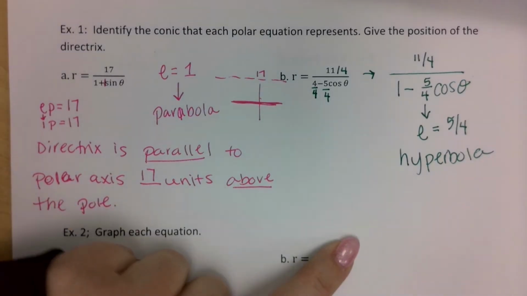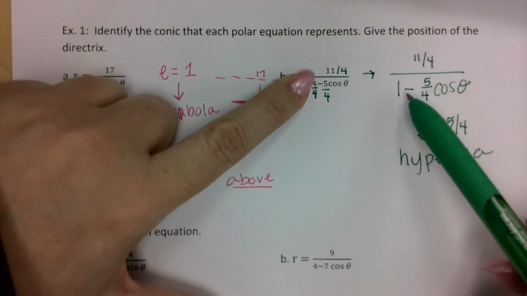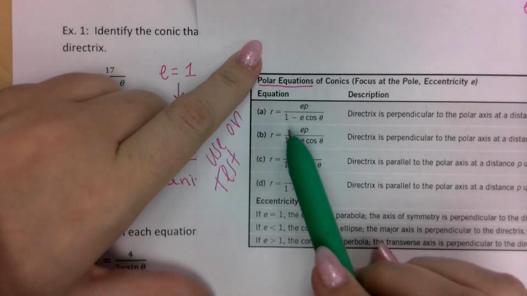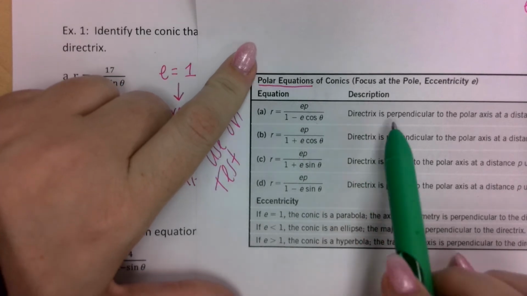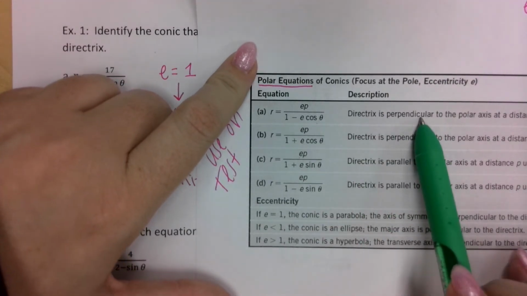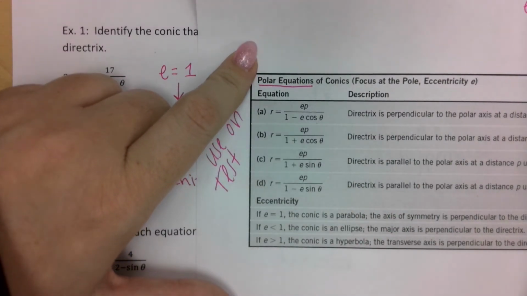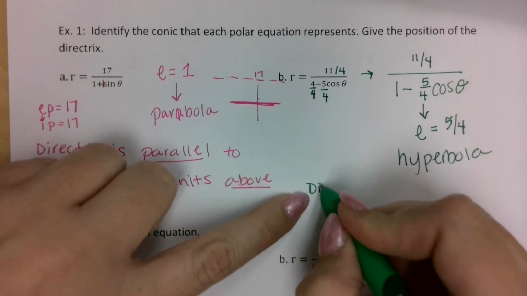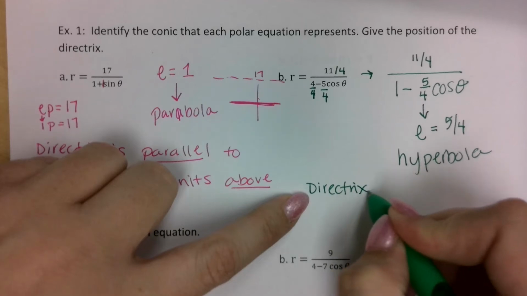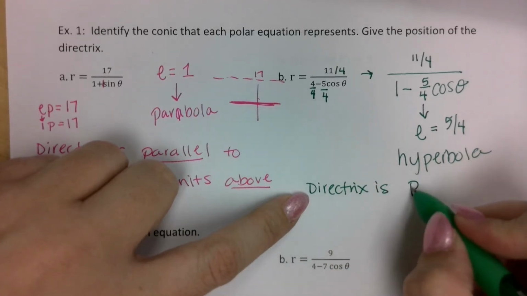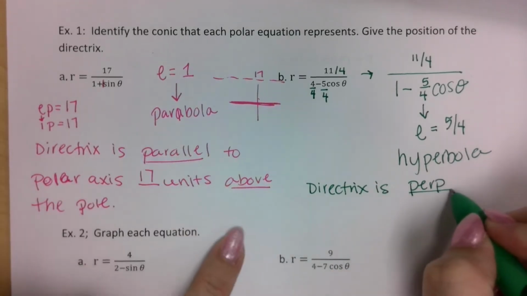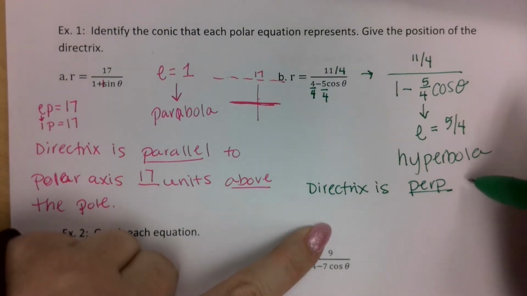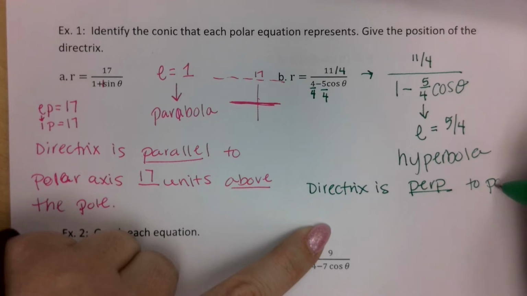Okay, now let's figure out the directrix. So this is 1 minus cosine. So if I look on here, 1 minus cosine says the directrix is perpendicular, distance p units to the left. So I'm going to copy that down. So the directrix is perpendicular, so that's the key word there, perpendicular versus parallel, to the polar axis.